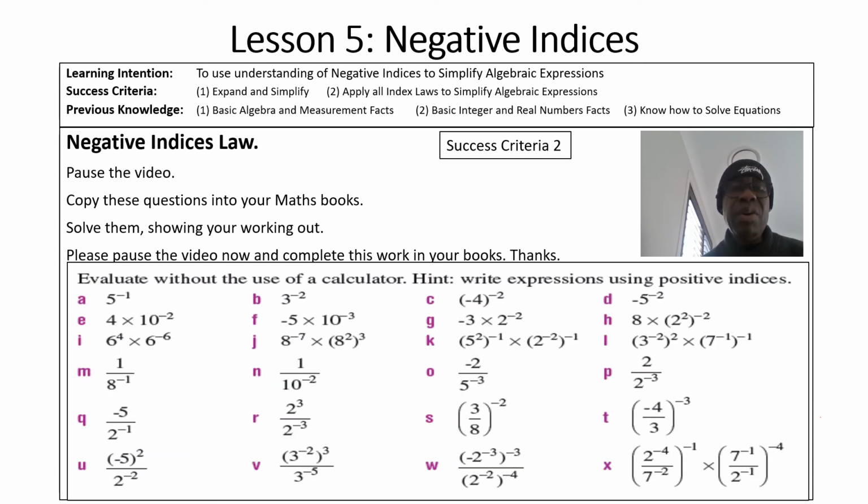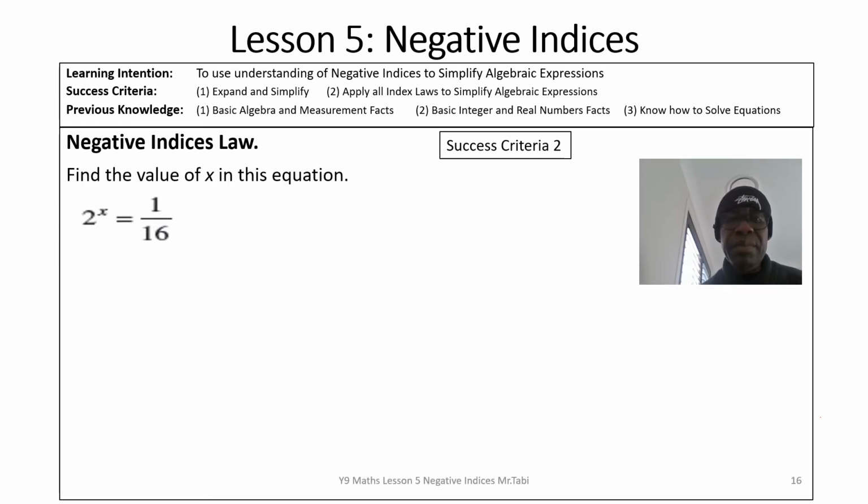You do the same on this page. You pause and copy the questions in your math books and show your working out. Now, you can pause and do this yourself first and compare with my answers or with my working out.